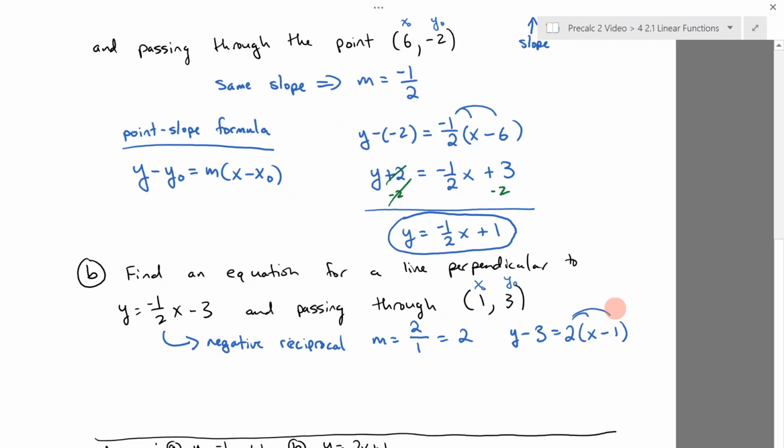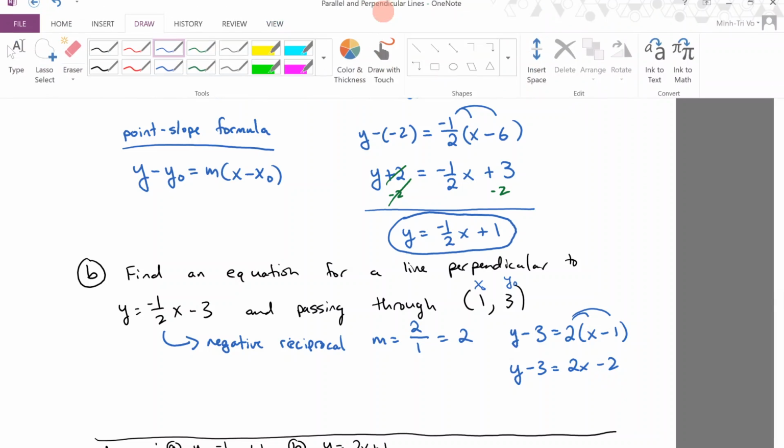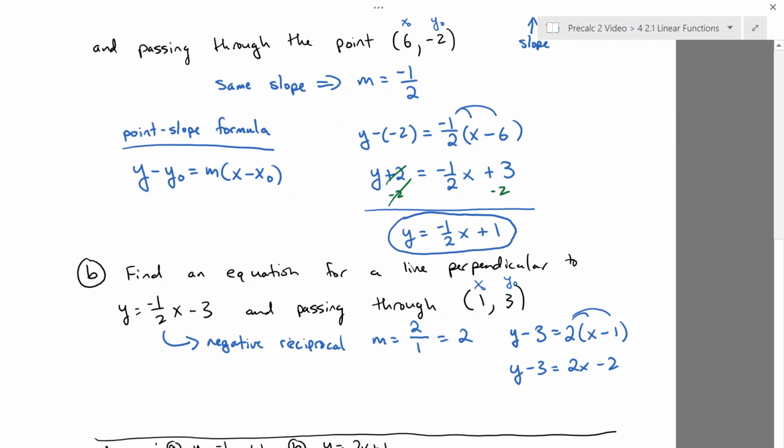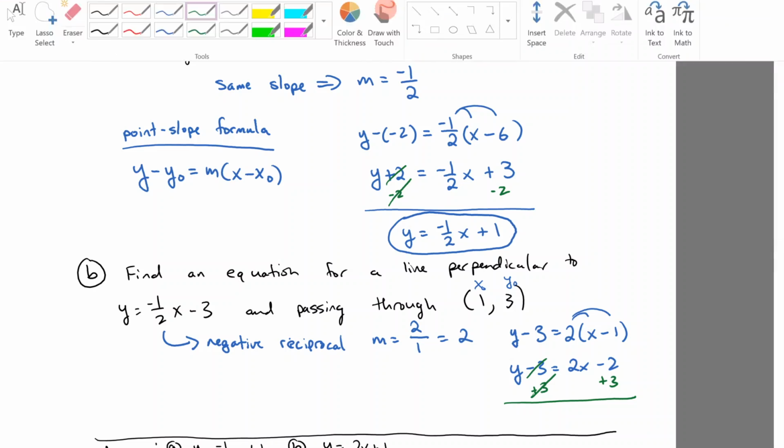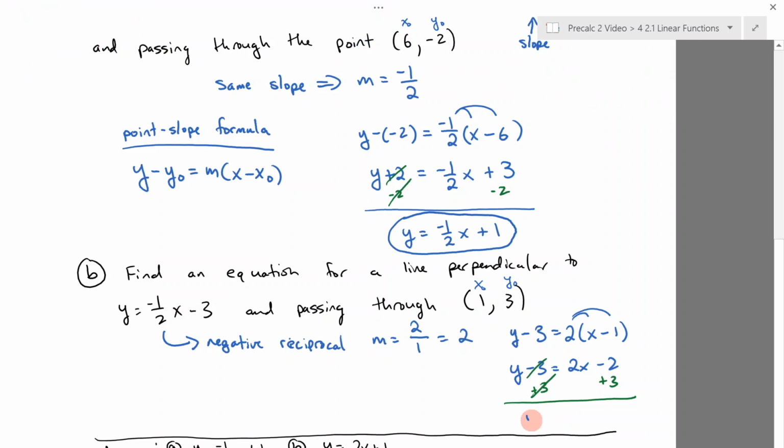Now I can just simplify this. So I get y minus 3 is equal to 2x minus 2. Add 3 to both sides to cancel this out, and what do I have at the end? y is equal to 2x plus 1.